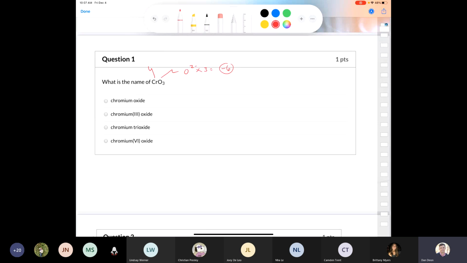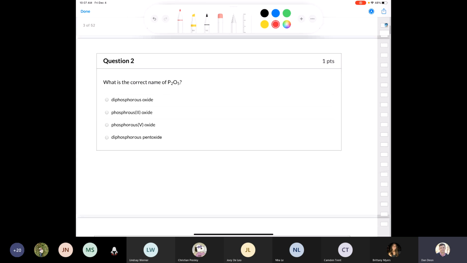That tells me that my chromium must be +6 in order to balance out the -6. So this is chromium(VI) oxide. This is the stock naming system, where you use Roman numerals to indicate the oxidation number of the metal. Okay, so that's naming an ionic compound with a transition metal.